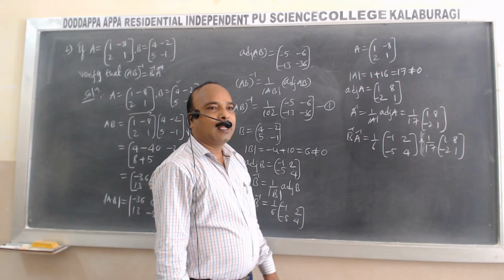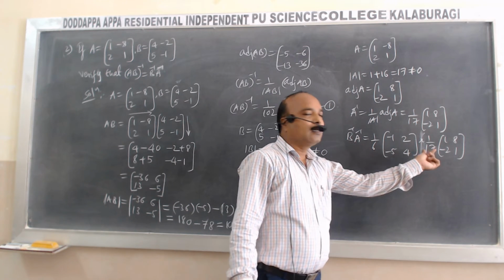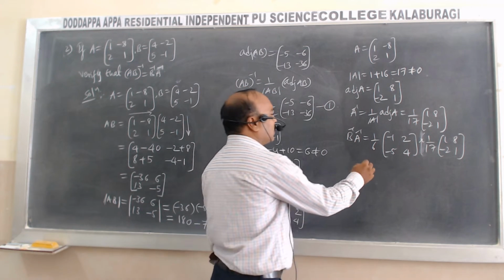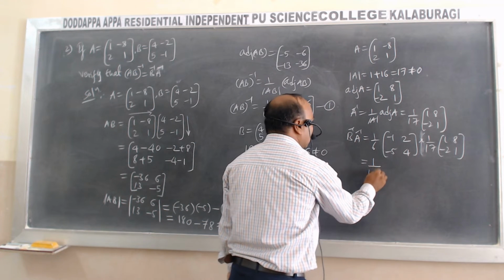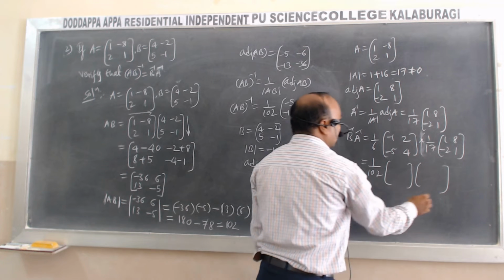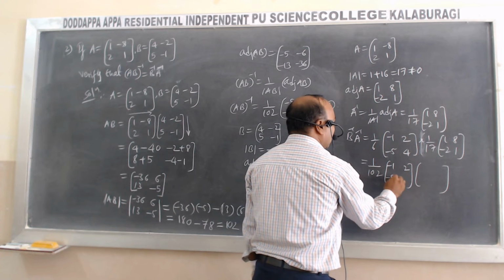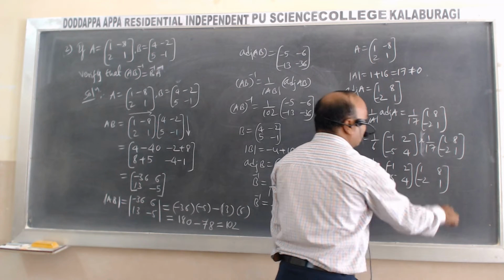Now for multiplying these two matrices, outside we get 1 by 6 and 1 by 17. First we multiply these two, 6 into 17, it is 102. Then we write the matrices as they are, [-1 2; -5 4] and [1 8; -2 1].